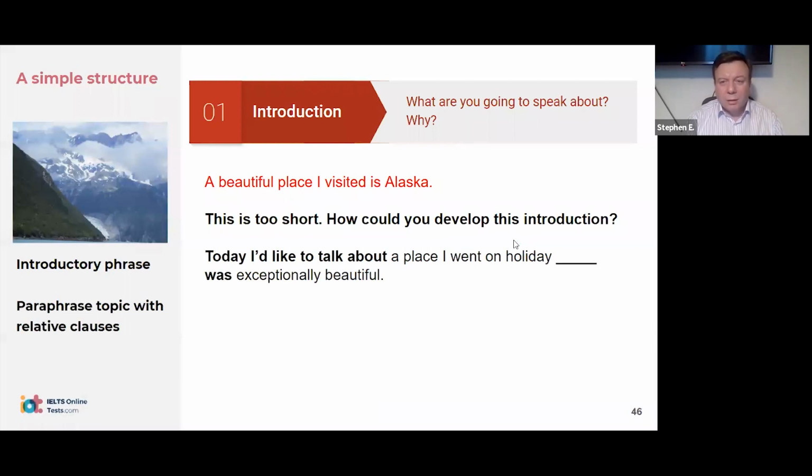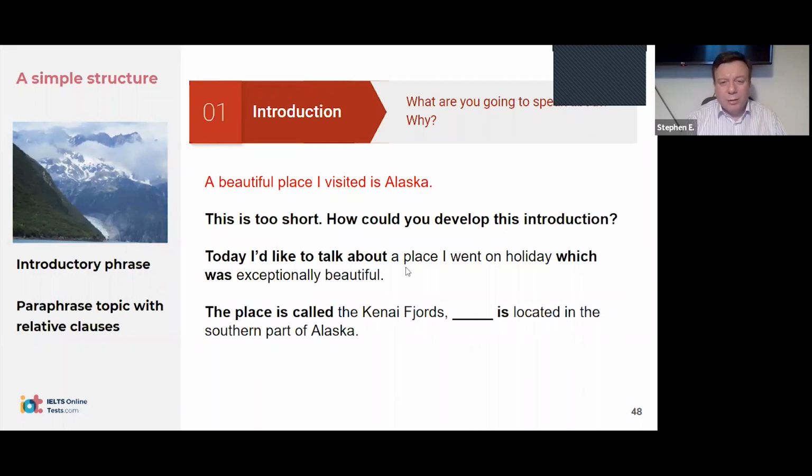Okay. So what's going to go in the box? Now I can't see the box because my chat box is in the way. So what's going to go in the box? Okay, so which would go in the box? Now, oops. The place is called Kenai Fjords. So what's going to go in there?